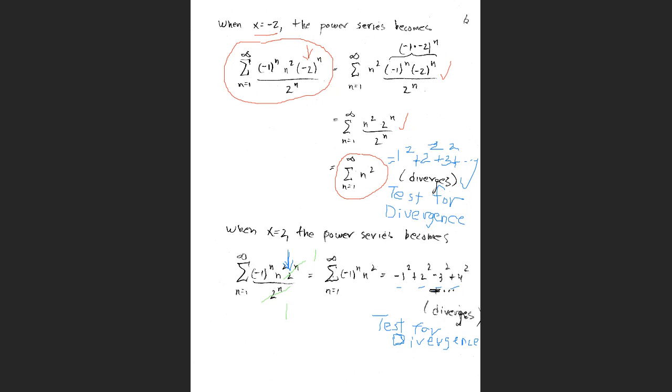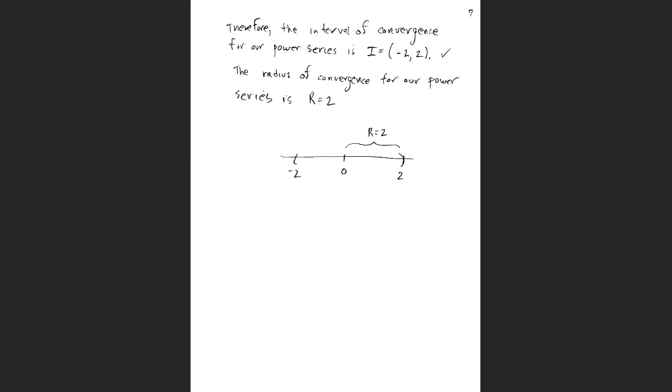All right, well then, the interval of convergence for our power series is I equals the open interval from -2 to 2. The open interval.